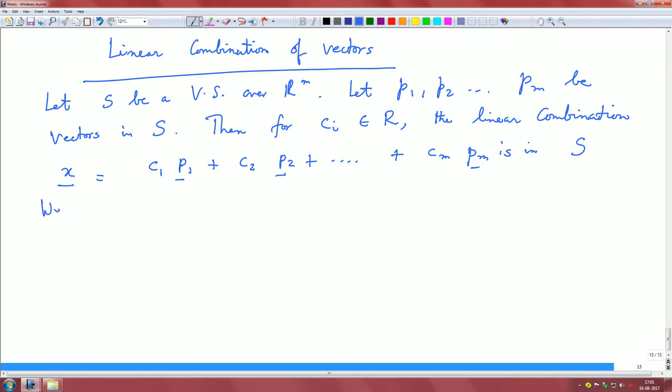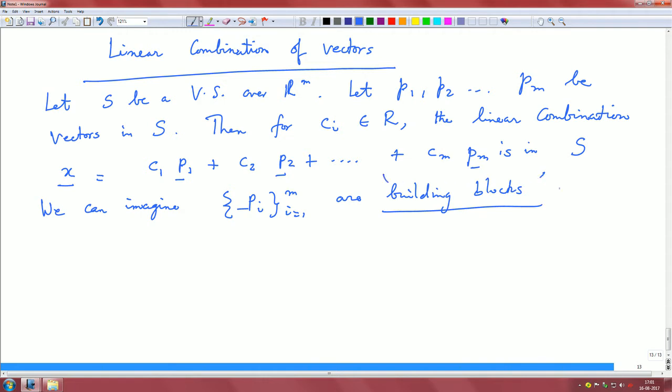So, we can imagine that this set of vectors P_i are basically building blocks over which other vectors can be obtained.